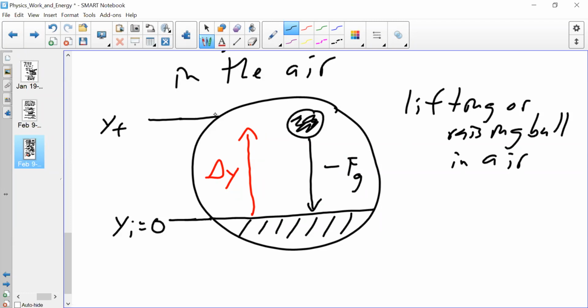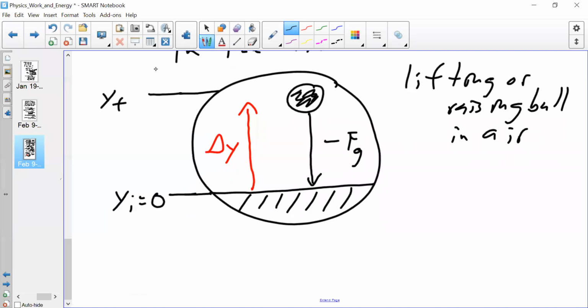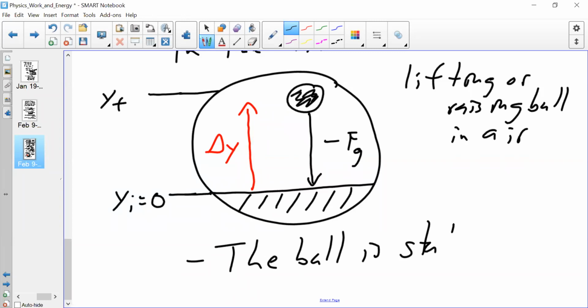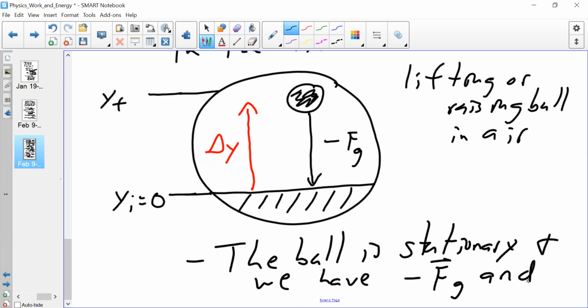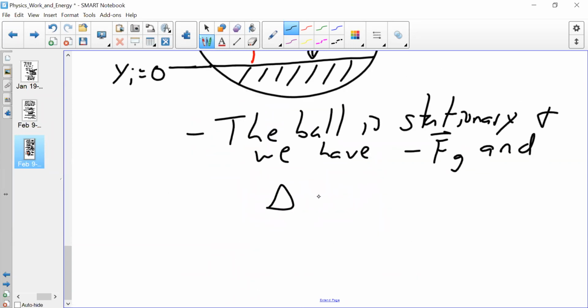It's now just at some position in the vertical axis. So the ball is at rest, it's stationary, and we have negative Fg and delta y.